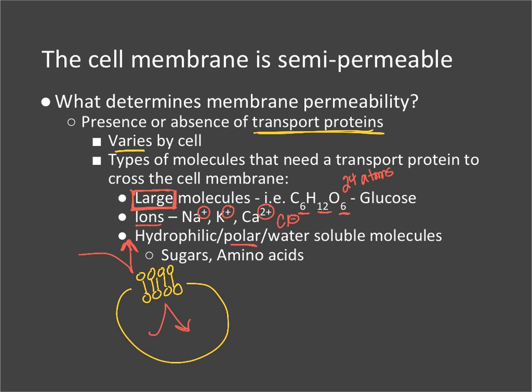And so once again, things that go hand in hand with polar are things that are hydrophilic, polar, and water soluble. So sugars, which include glucose, and things like our amino acids need some help. And that's where the transport proteins come into play.